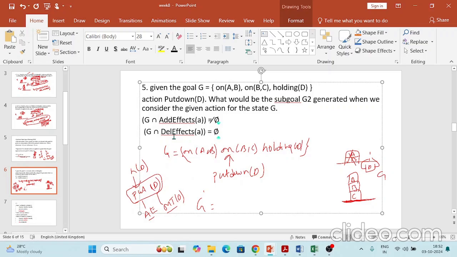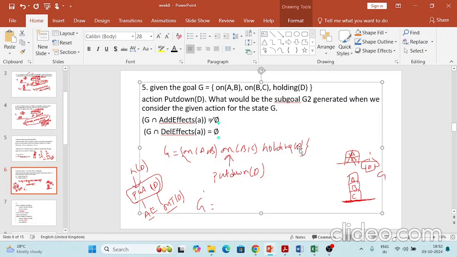Now if you see G intersection add effects of A, arm empty and on table D. Now if you see G intersection these positive effects, we're not having anything in common between Z and add effects of A. So G intersection add effects of A, we got it as phi. It's not equal to phi is required, but we're not having any common things. That's why I can't perform this action A. That is, this action A is not relevant to this Z.